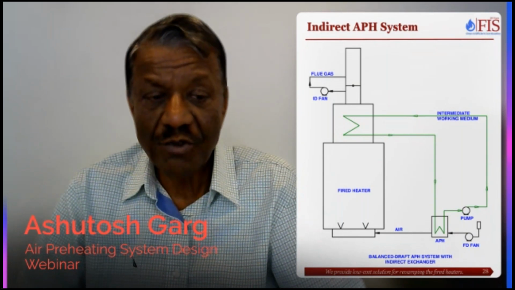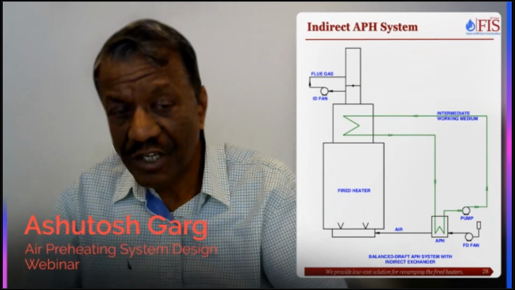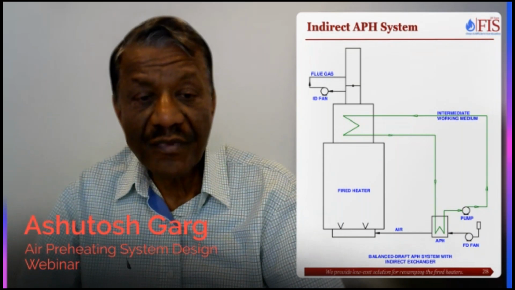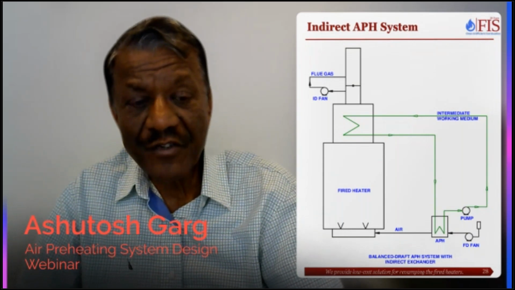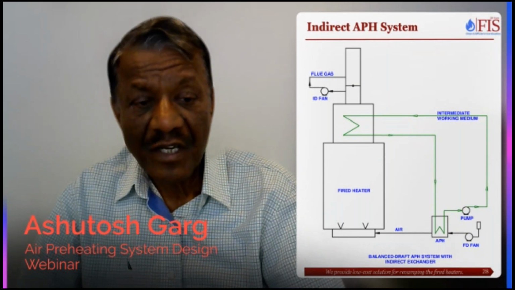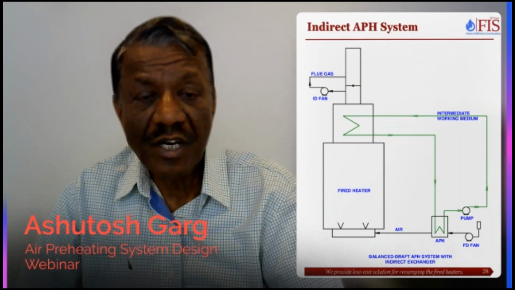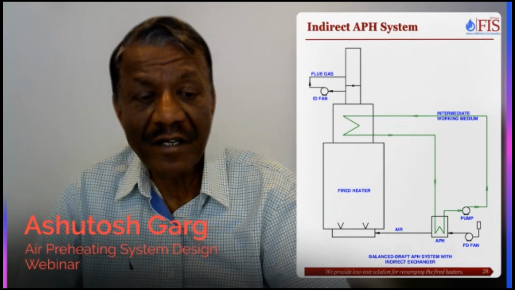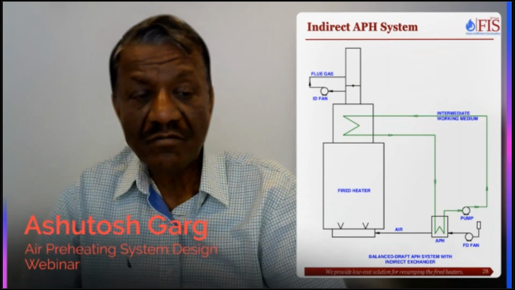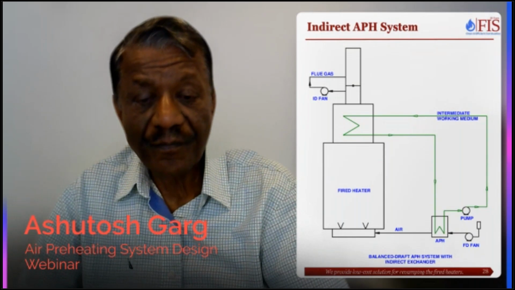I think we will show you very shortly. This is an indirect air preheater, but using a separate heat transfer medium. And you have a convection coil, and then you have a small compact coil for the combustion air.